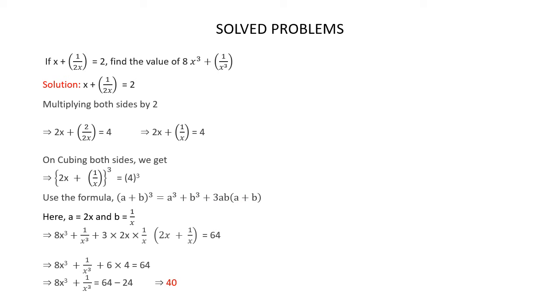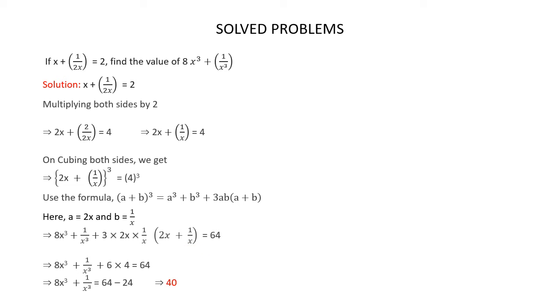Here a is equal to 2x and b is equal to 1 by x. So substituting the value of a and b in this expression, we get 8x cubed plus 1 by x cubed plus 3 multiplied by 2x multiplied by 1 by x multiplied by 2x plus 1 by x is equal to 4 cubed, which is 64.